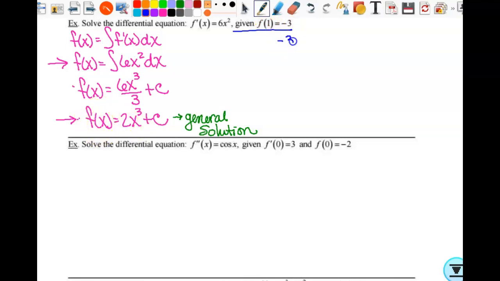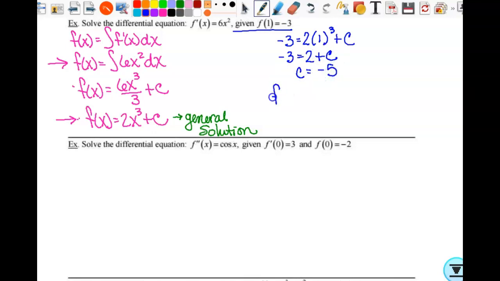So I'm going to take negative 3, that's equal to 2 times 1 cubed plus c. Everybody understand where everything came from there? And so that's just 2, right? So negative 3 equals 2 plus c. So c equals what? Negative 5.